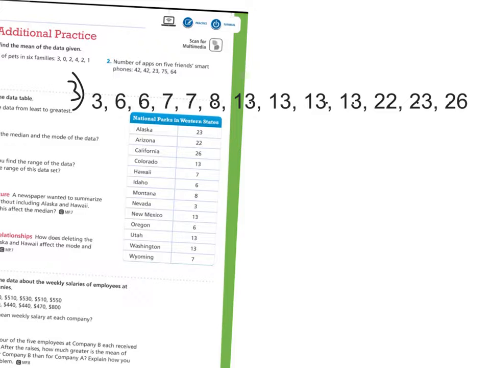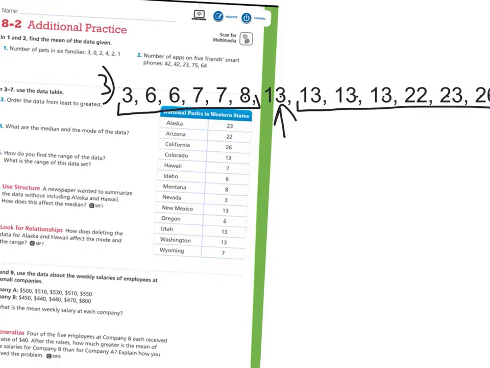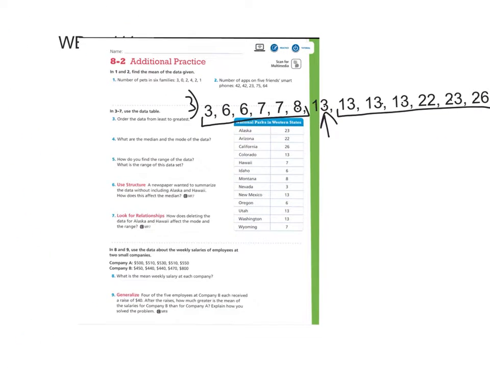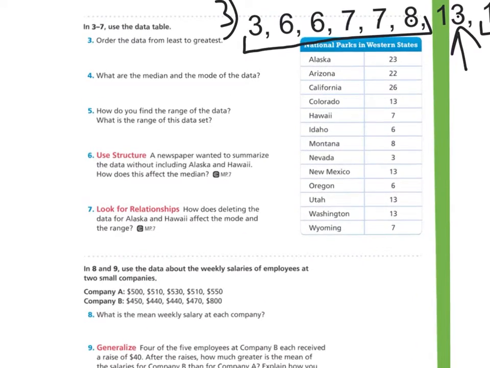So if we think about this, 13 numbers would mean we'd have 6 numbers on one side, 6 numbers on the other side, and 1 number in the middle. So 13 happens to be our median. There are quite a few 13s there, but that first 13 technically we could pinpoint as being the median. So we'll specify in our answer here, median is 13.